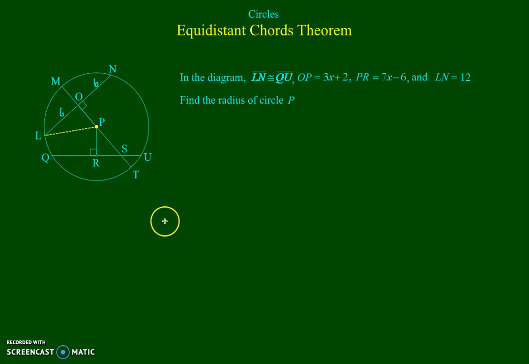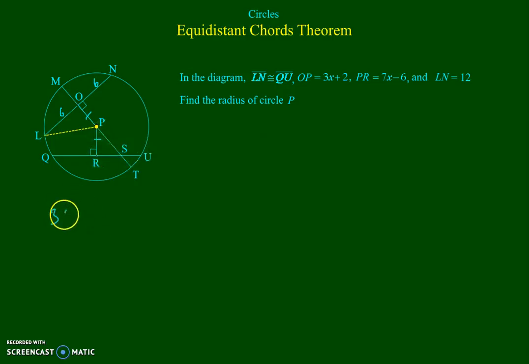So that gets us part of the way. We know that OP is 3x plus 2, and PR is 7x minus 6. If two chords are congruent, which it says they are, then they have to be equidistant from the center. So this segment must be congruent to this segment. Using that, we're going to find the value of x, because OP, this distance, is equal to PR, this distance.